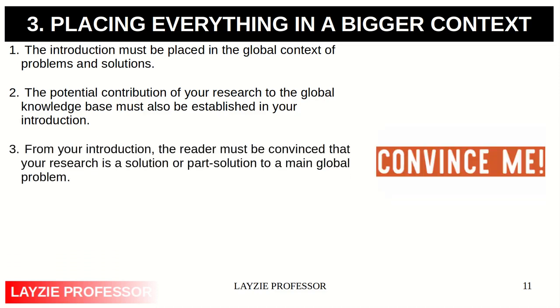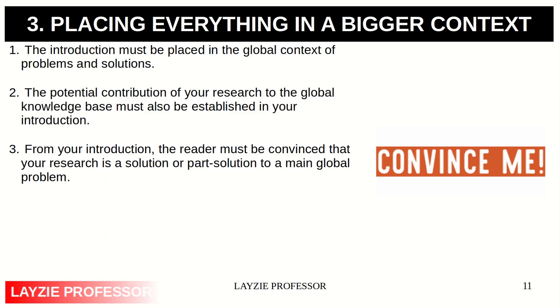And once your reader takes your introduction and reads, your introduction should be able to convince the reader that your research is a solution, or is part of a solution, to a main global problem, or the problem could be a local problem. If you say global problem, it may be a problem facing the world at large, things like climate change, let's say agriculture, food, post-harvest losses, and whatever it is.